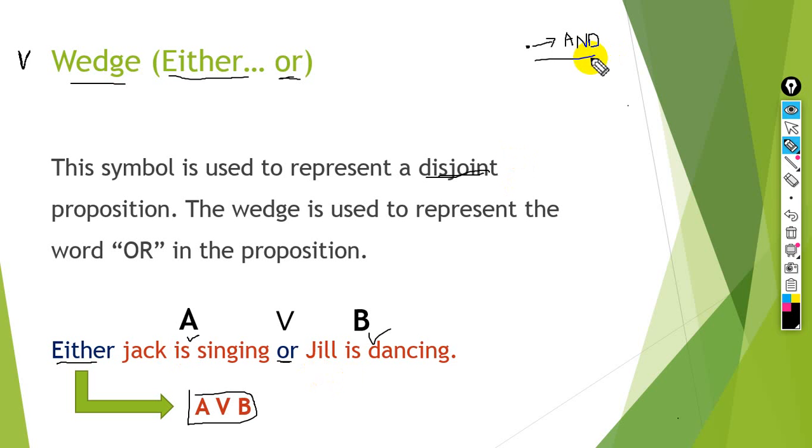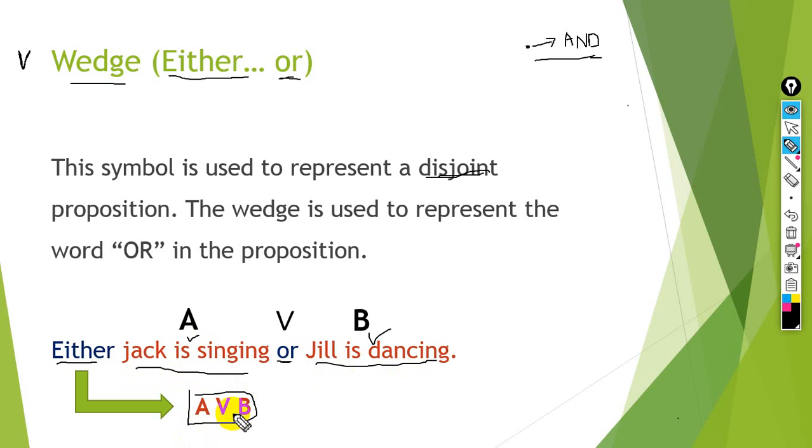Just like in the and operator, we can say the dot symbol. In case of dot, Jack is singing and Jill is dancing. But in this case, either this or this. So any one of these propositions will be in action.